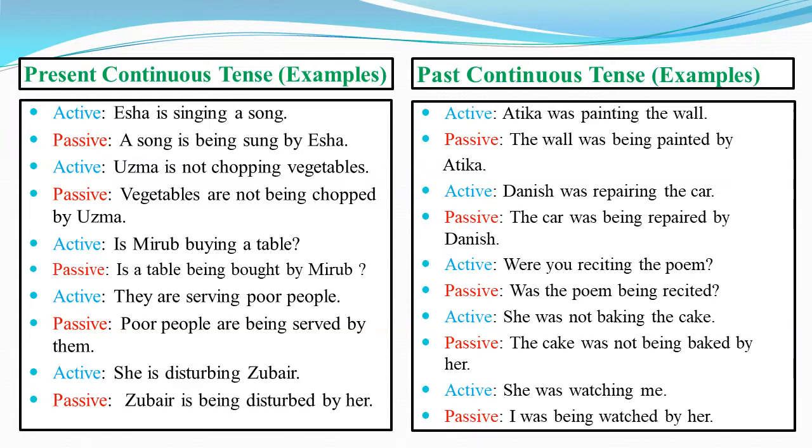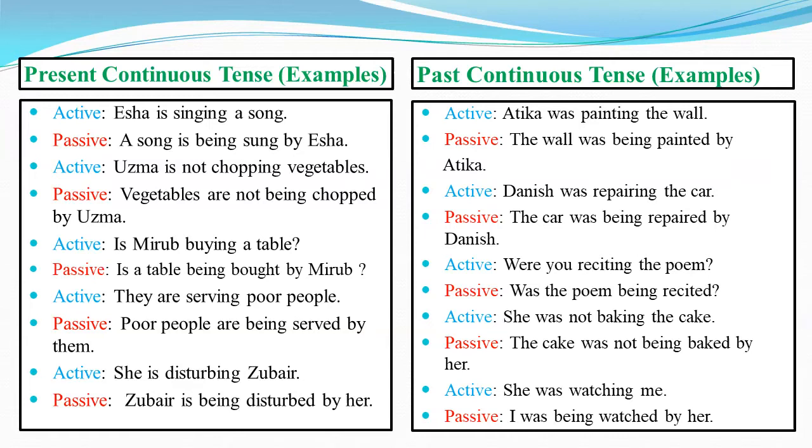Okay, and the structure of negative sentence. In active voice, we will put subject first, then was/were, then not, first form of verb plus ing, and then object. But in passive voice, we will write object first, and then was/were, then not, and then being, then third form of verb, after that by and subject.